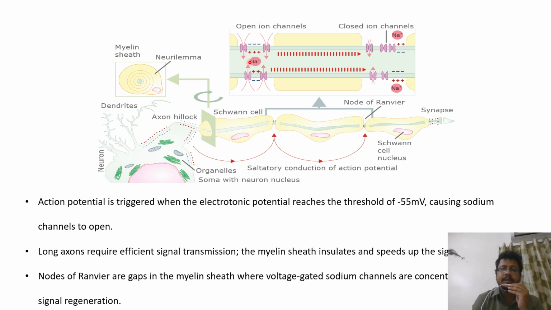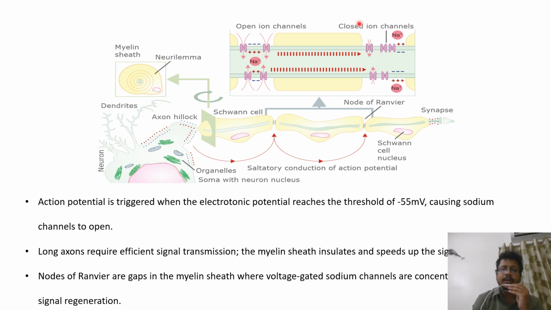Voltage-gated sodium channels in myelinated nerves are not present everywhere, but are concentrated at the nodes of Ranvier. So what happens when an action potential starts here? At one node, sodium channels open and depolarize the region.